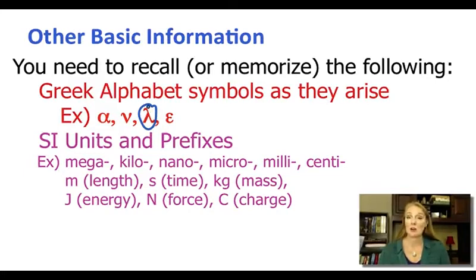We talked about that earlier when we did the unit on measurements. But you need to know that mega means 10 to the 6th, and kilo means 10 to the 3rd, and nano means 10 to the minus 9, for example. It's also a good idea to know that length is measured in meters, time is measured in seconds, and kilogram is the common unit for mass. All of those things are good to know, so I think you should consider learning those.